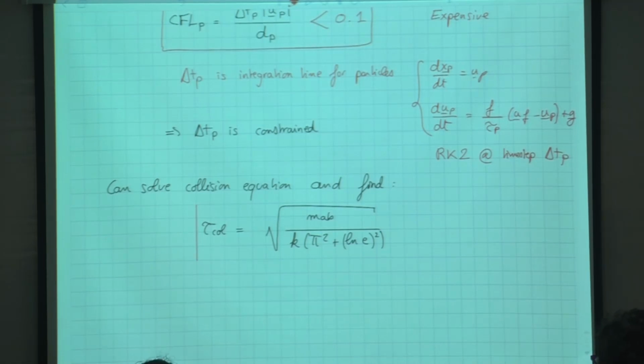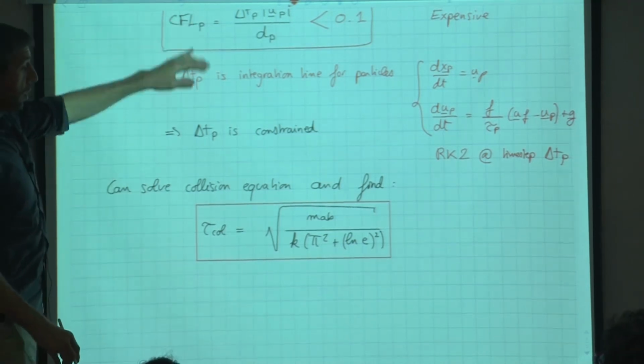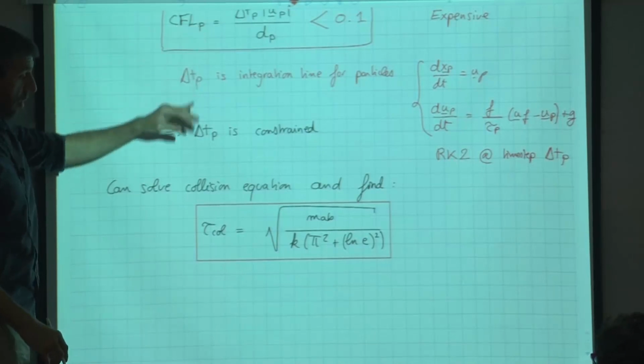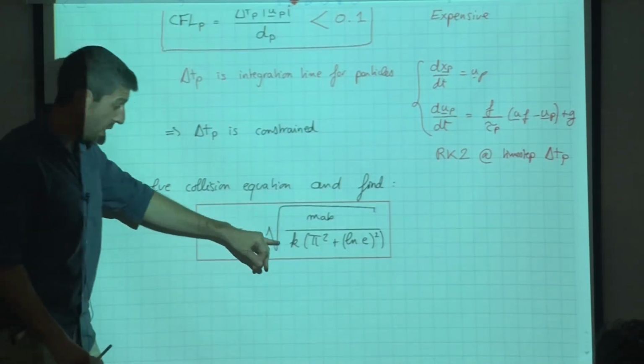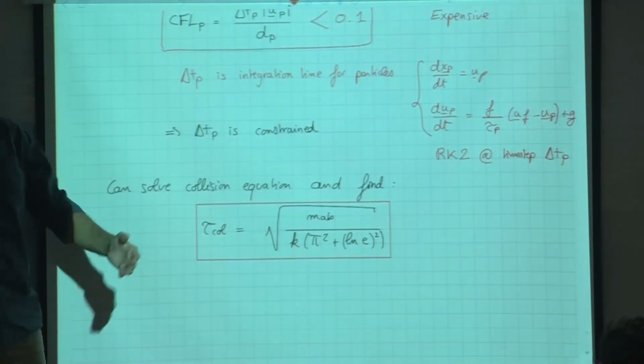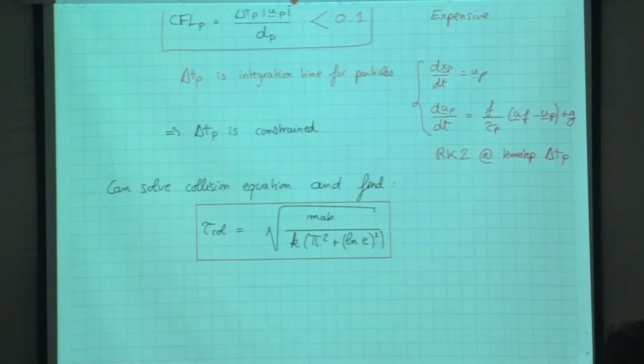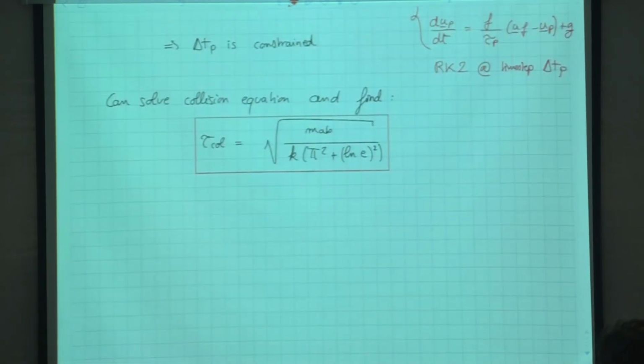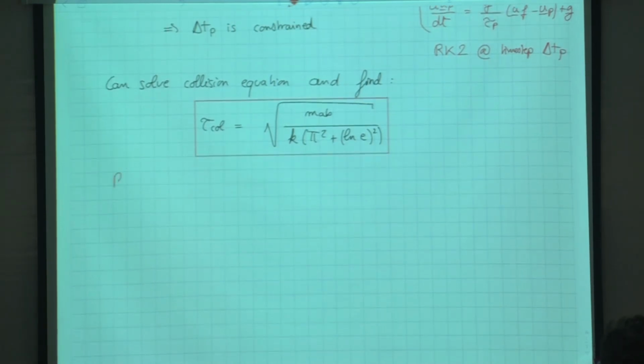Well, it means that I know that I cannot avoid constraining my time step size by this, but I also know that by tweaking K, I can obtain collisions as short or as long as I want. So really, that's what I'm going to do. I'm going to say that in order to resolve my collision, I should at least have 10 time steps across the collision.